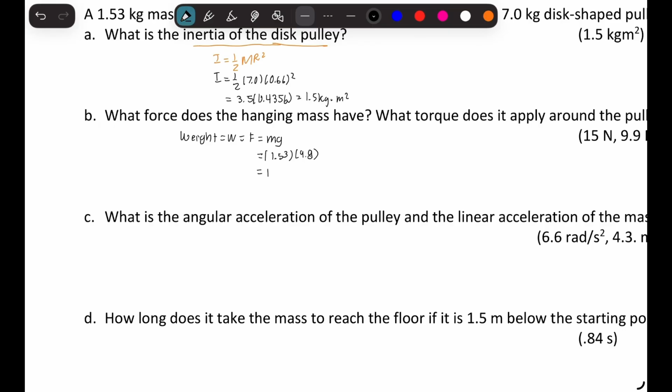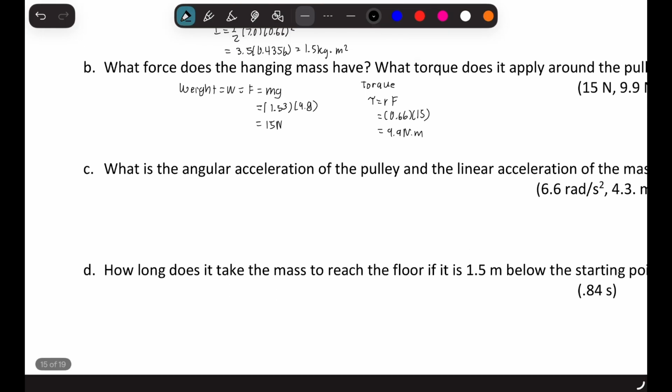That's going to equal 15 newtons. Now, if we solve for torque, we have torque is equal to R times F. That's going to be equal to 0.66 times 15 that we just found. And then that's going to equal 9.9 newton meters.